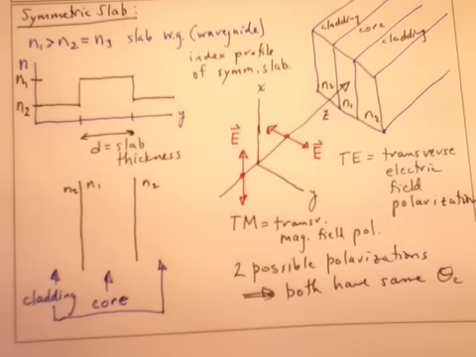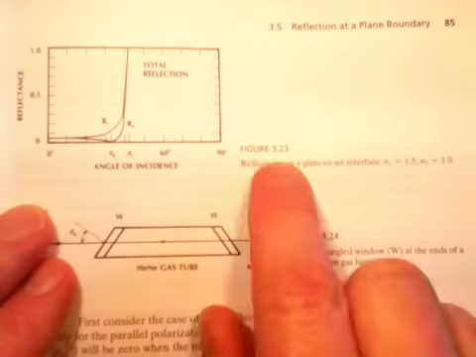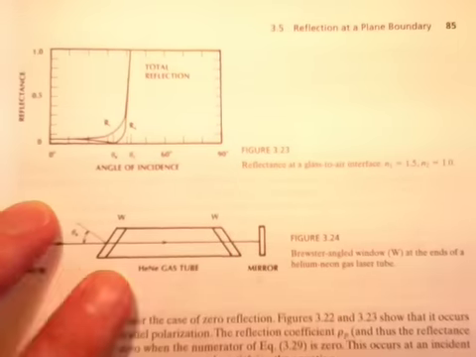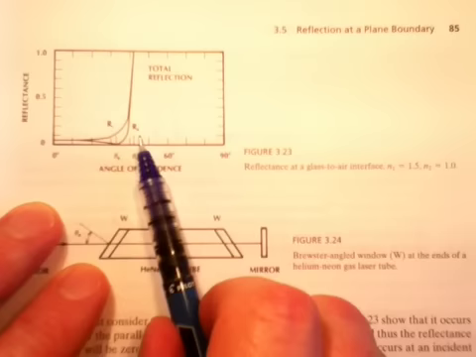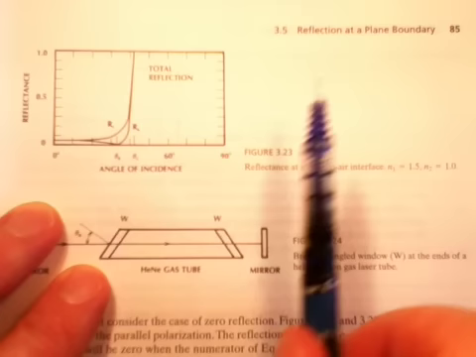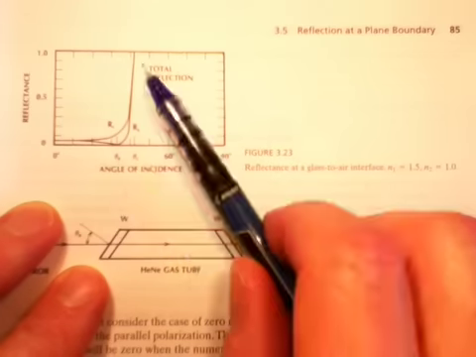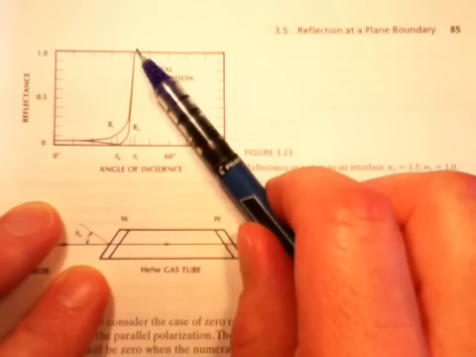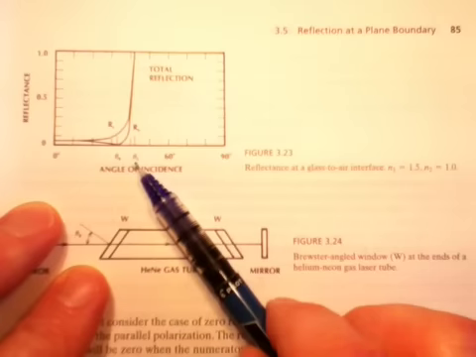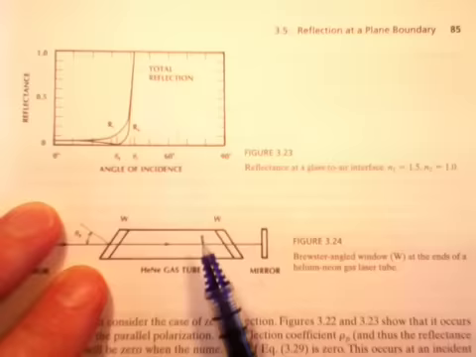Well, this is the picture right here. It shows in figure 3.23 of Pedrotti that both the S and the P waves, which are just a different labeling of the TE and the TM, have their reflectance go to 1 at the critical angle. Both polarizations have a curve going to 1 at that same angle.